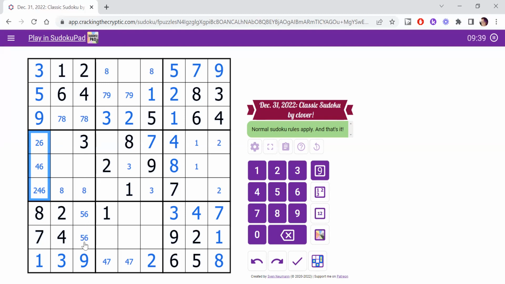Where could a 1 go in this column? Only here. Only place it'll go. Which means this can't be 5 or 6. Could be 7 or 8. Cannot be 7. Must be 8. We also see that this one forces that to be the one there.